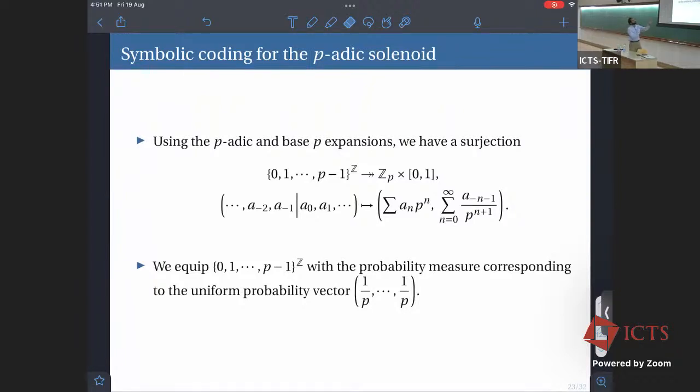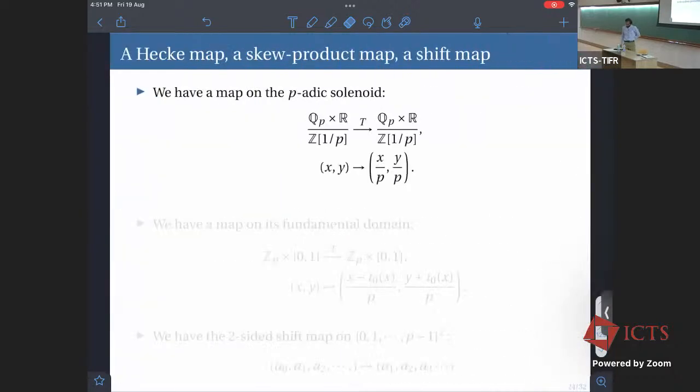The ergodic map on the alphabet space is just the shift map. So how does it act on the other spaces that I mentioned? On the p-adic solenoid, it's very simple. It's just multiplying by 1/p. So if I have an element x in Q_p and an element y in R, the map is just multiplication by 1/p.